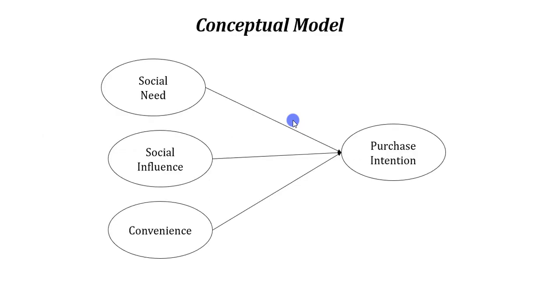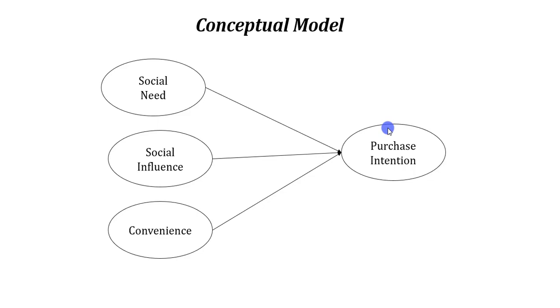suppose an example. This is the conceptual model I want to estimate. Here I have 4 variables, 3 are independent: at the left side, social need, social influence and convenience, and at the right side, purchase intention is my dependent variable.